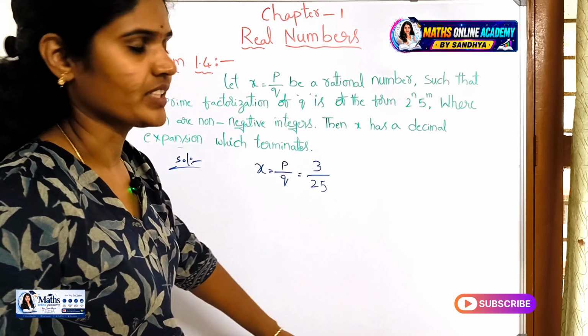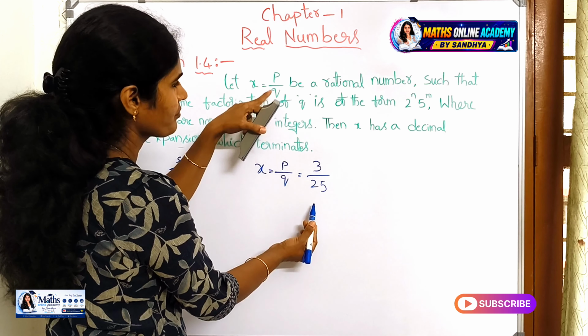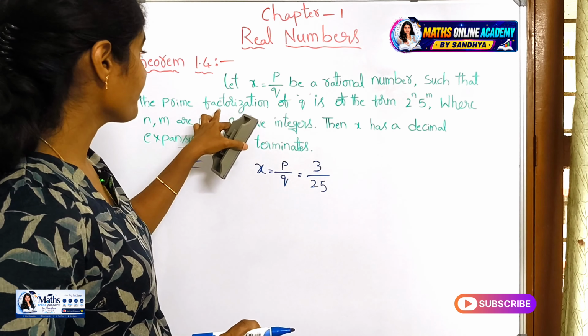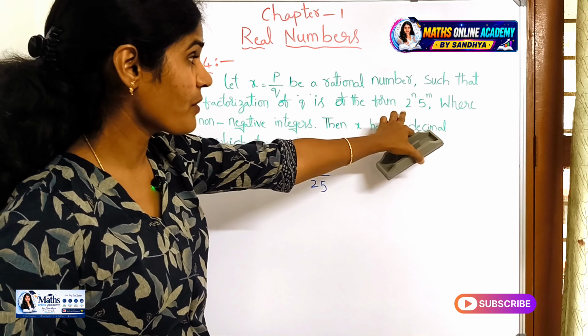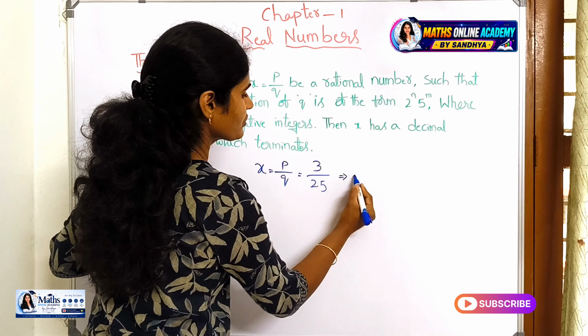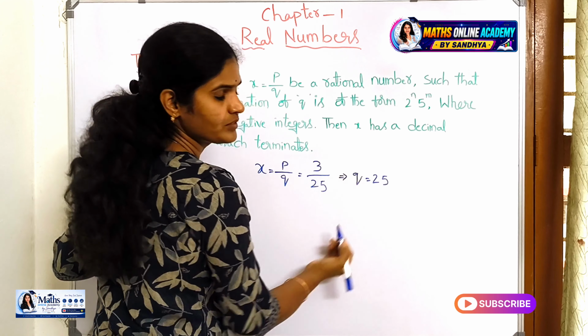This is in the form of p by q, such that the prime factorization of q is in the form of 2 power n 5 power m. Here q is equal to 25.